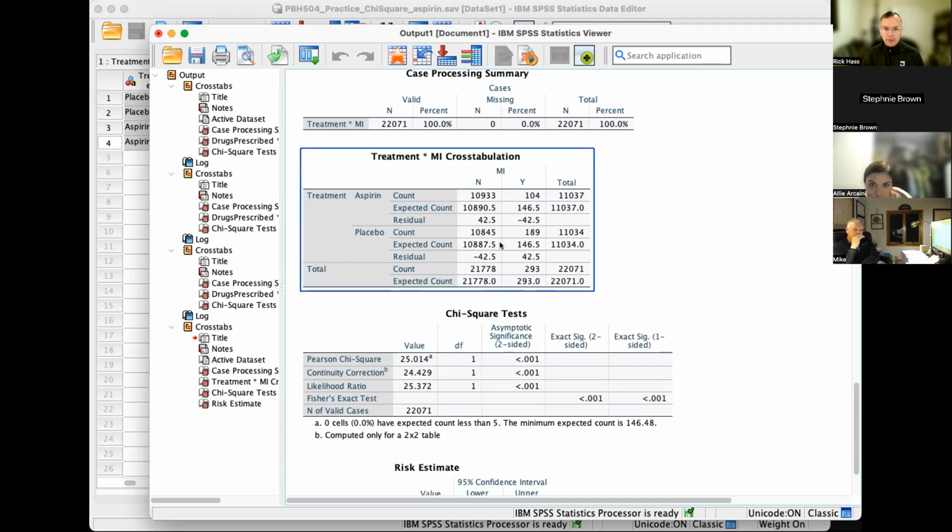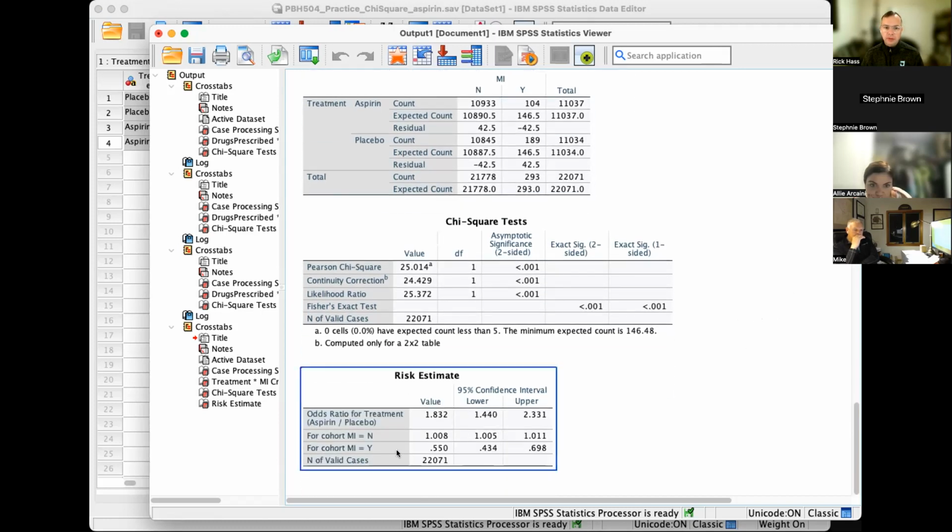So this is the same as before. Our new piece of information is we get risk. We've got risk for the two, yes and no, which isn't actually giving us any helpful information, because what we want is risk for aspirin versus placebo.